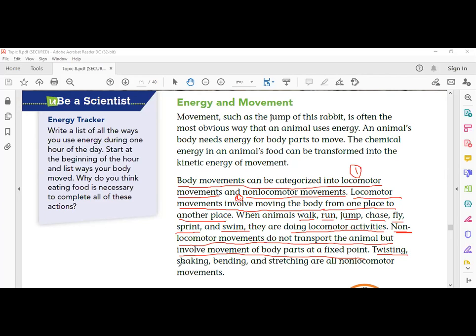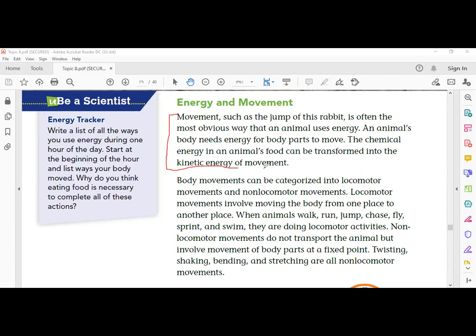Anyway, shaking, bending, stretching, all of these are non-locomotor movements. Let me repeat because some people didn't understand the lesson. The first part of the lesson on this page says that when an animal moves, it uses energy.